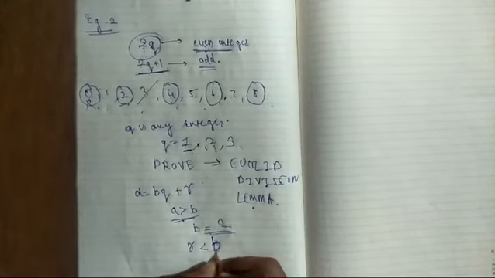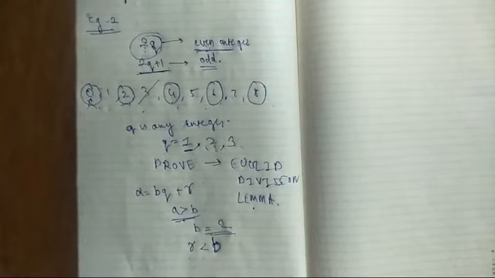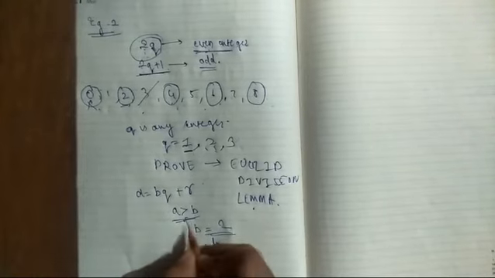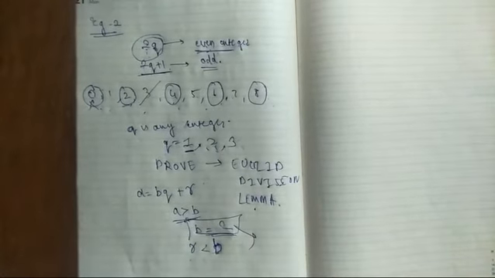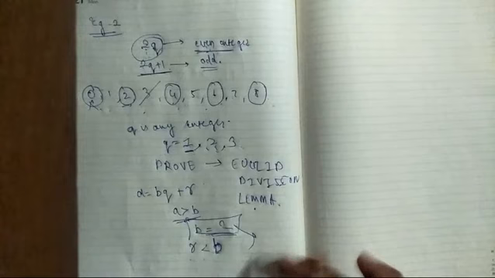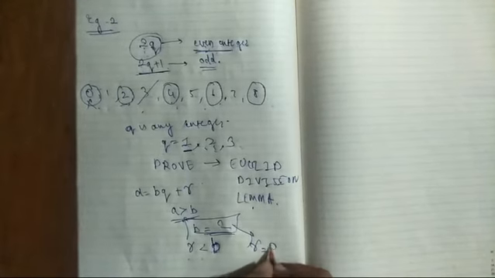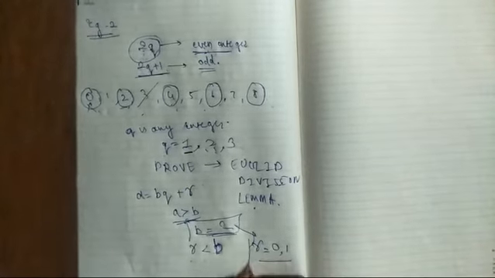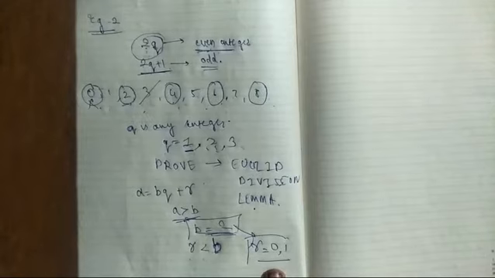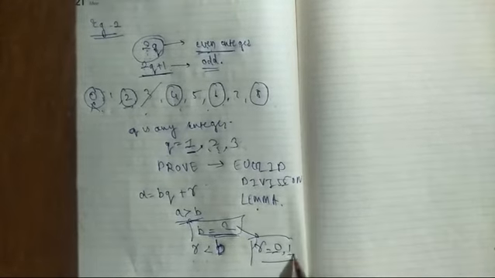So here if we take b as 2, r can be 0 or 1, only this much. r can be only 0 and 1.